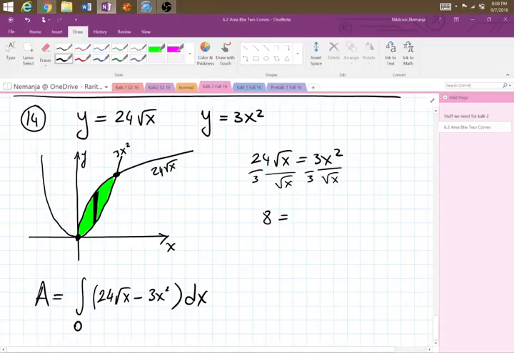So 8 is equal to x to the 3 halves, because 1 minus a half is 3 halves. So now we have x to the 3 halves is equal to 8. And how do we solve this problem?